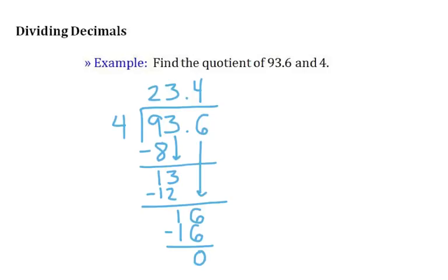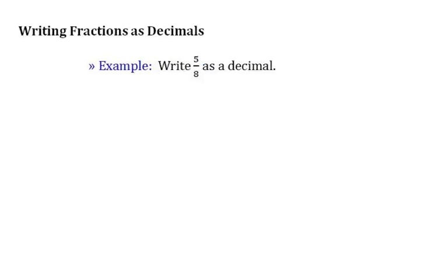So in this case the quotient of 93.6 and 4 is precisely 23.4. So dividing can get a little bit more complicated, perhaps if you're dividing a decimal by a decimal, but that gives the basics.